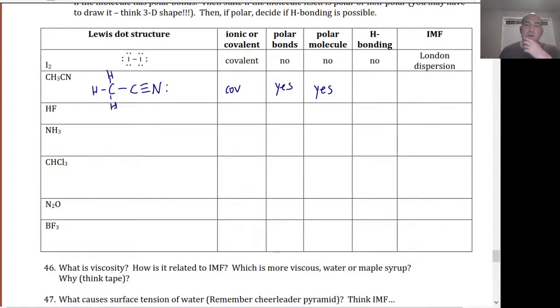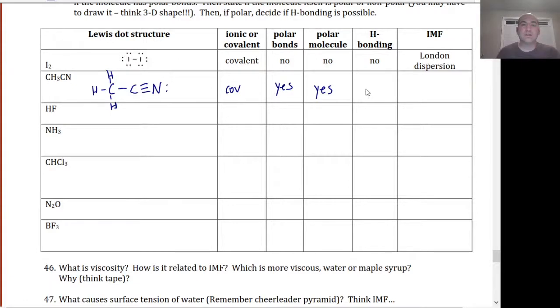I mean, not always, but it's hard to tell if something is going to be polar or not if you don't know the structure. So generally, you don't necessarily need to draw it if you know it, if it's something that we've talked about a lot. But if you don't, then you should draw the Lewis structure so you can tell if it's going to be polar or not.